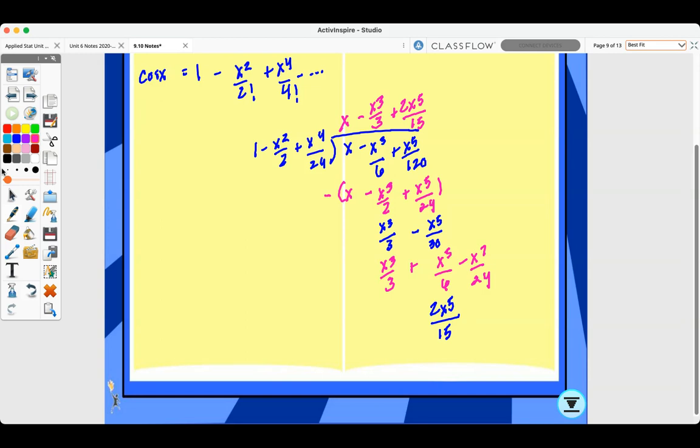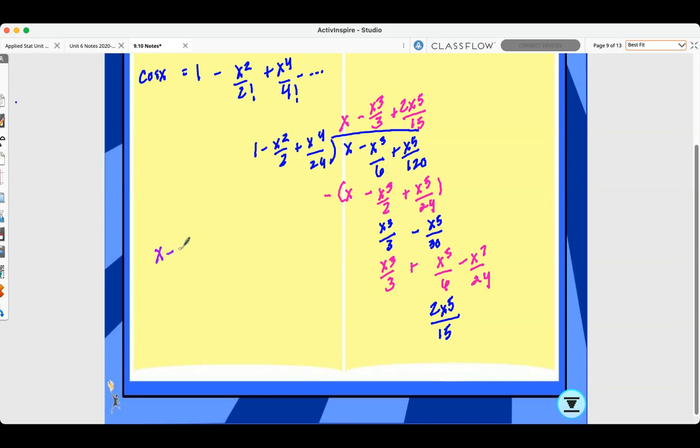This is really painful, and you usually don't see something this painful, but the first three non-zero terms would be x minus x cubed over 3 plus 2x to the 5th over 15.